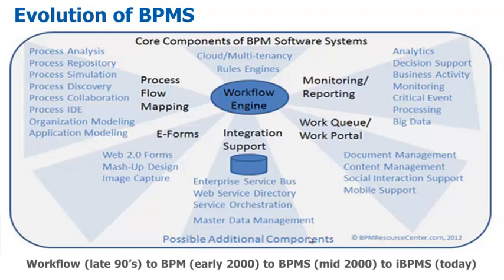What I want to do is just take a moment to talk about the evolution of business process management systems. At the kernel or core of a business process management system is workflow. And workflow systems really originated in the late 90s to help companies route and move work based on business rules.